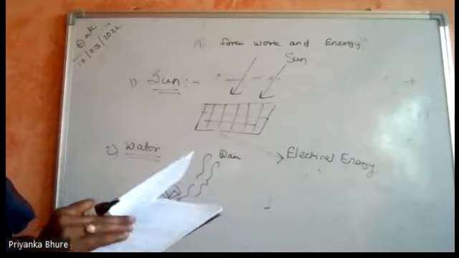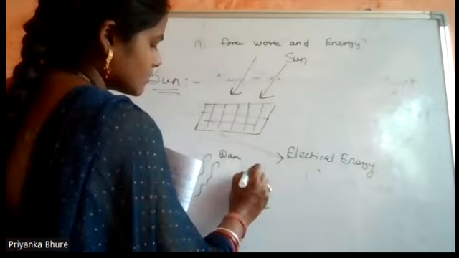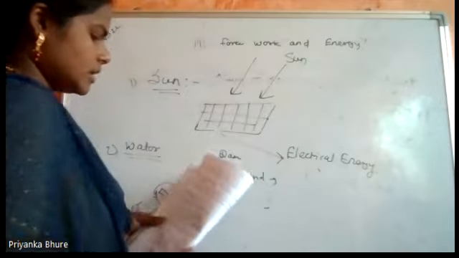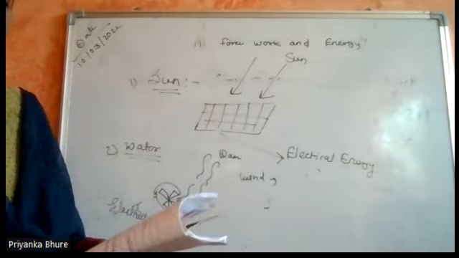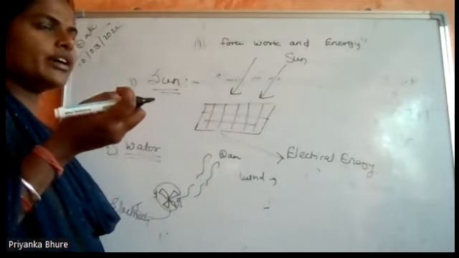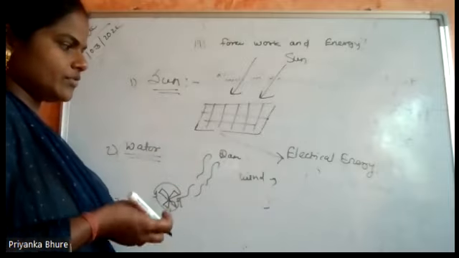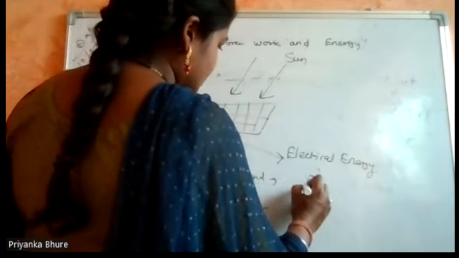And the third source of energy is wind. Everyone knows that moving air is known as wind. Whenever a large amount of air is present in the atmosphere, the wind comes, and when the air comes, it rotates the turbine.